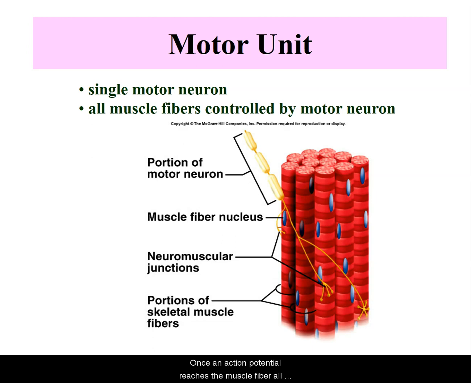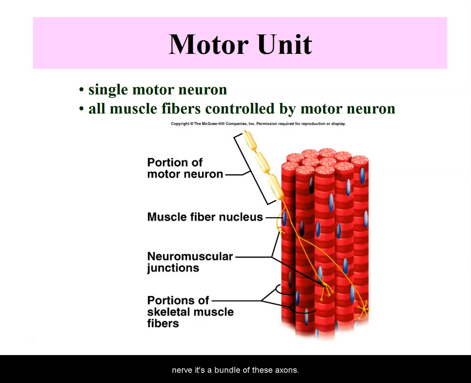Once an action potential reaches the muscle fiber, all the sarcomeres and all the myofibrils contract. But muscles are organs, and they can have a graded response, meaning how much the muscle contracts. Each muscle is served by at least one motor nerve. What's a nerve?